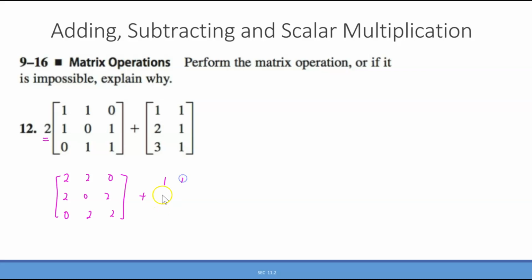Then we have 1, 1, 2, 1, 3, 1, and we would start adding, but before we go through all that work, remember the most fundamental thing is in order to add or subtract, these have to have the same dimension. They do not have the same dimension, so addition not possible.